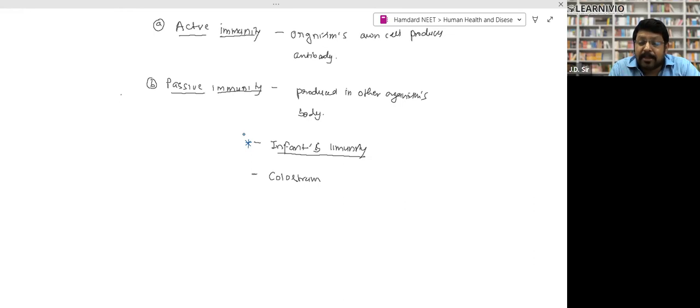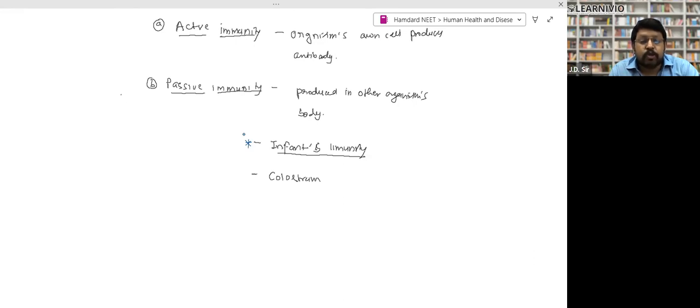When a mother feeds her milk, the first 2 to 3 days' milk is called colostrum. Colostrum has antibodies as well, right? So the mother's immunity helps that baby fight disease in the initial days. Colostrum develops this immunity.